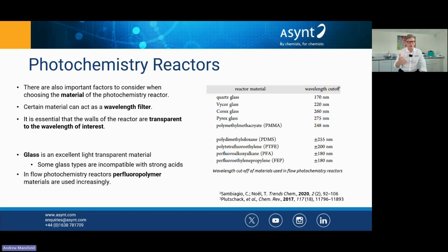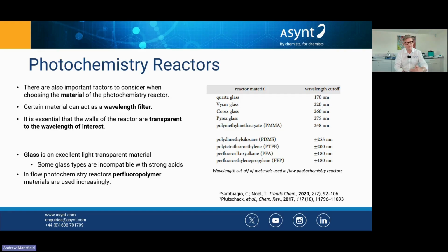We also need to think about the material of construction. Certain materials can act as a wavelength filter, so we need a material that's transparent to our wavelengths of interest. You can see on the right here that glass is a very good transmitter, or it allows good transmission of photons into our reactions, but it will cut off at some point.